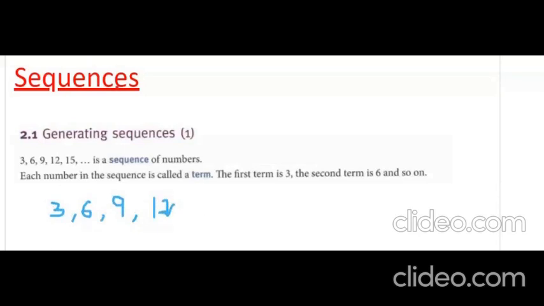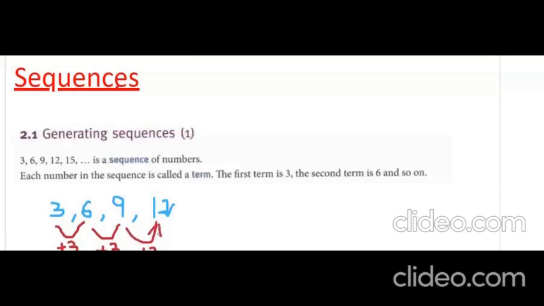I'm just going to verify it now. See, 3 plus 3 gives 6, and 6 plus 3 gives 9, and 9 plus 3 gives 12.